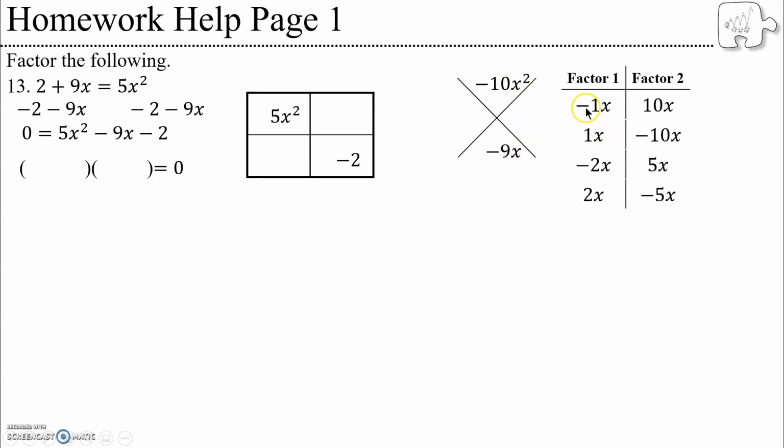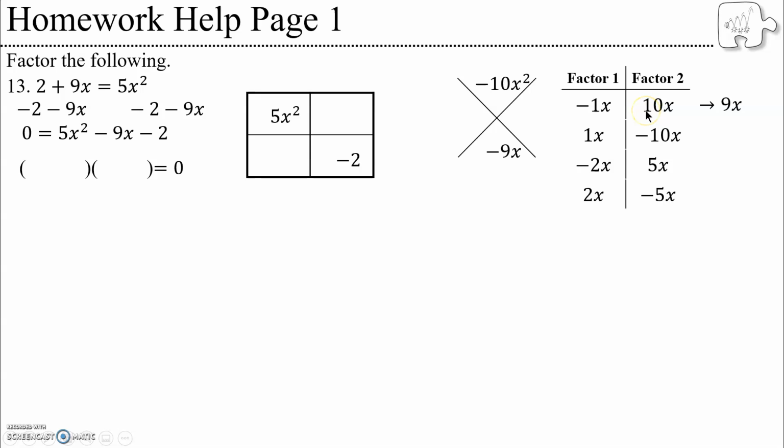Is it negative 1 and 10x, which gives us 9x? That's close, but we want negative 9x. We're using the same two numbers, and remember that when you add them together, the sum will take the sign of the biggest addend.